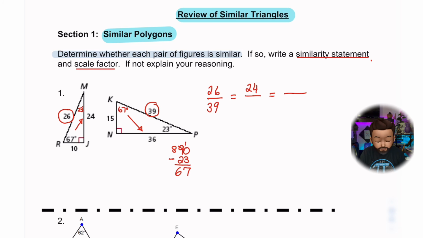So finding those other two missing angles shows us that the two triangles are in fact similar. And that also helps us match the letters that go together with the similarity statement. Now, to find a scale factor, how big one triangle is to the other, you have to kind of know which triangle was your starting one and which one was your ending one.